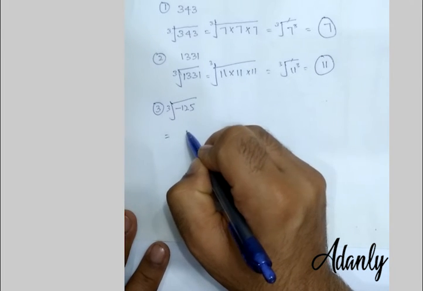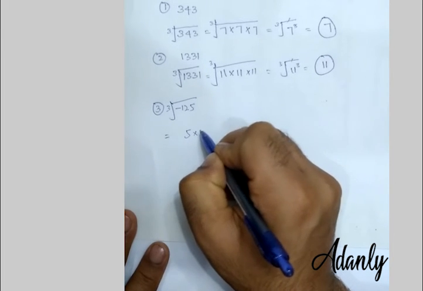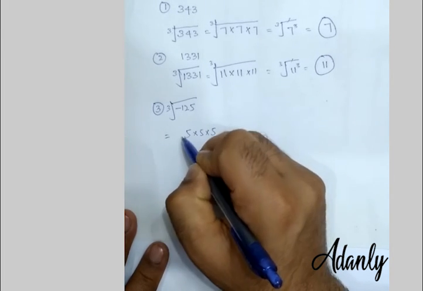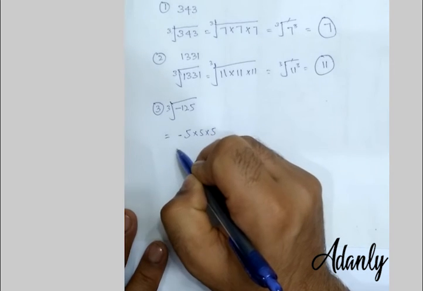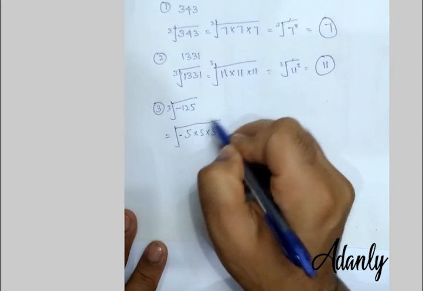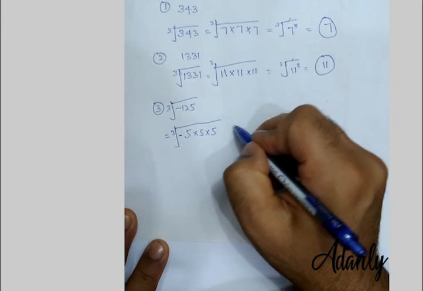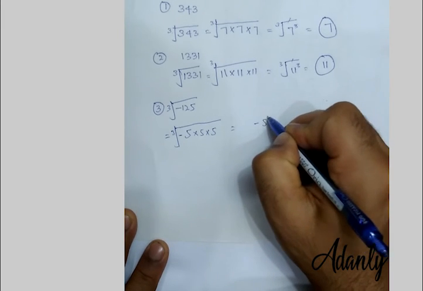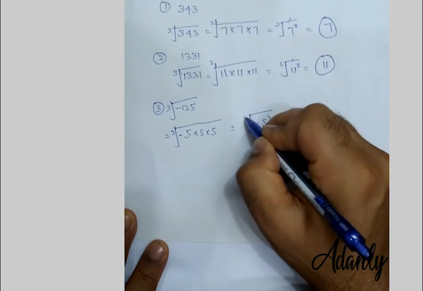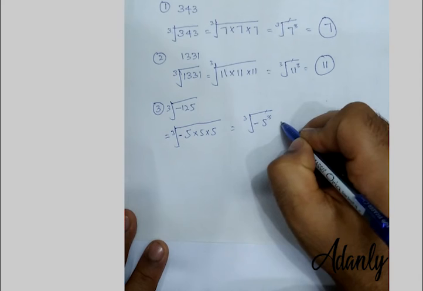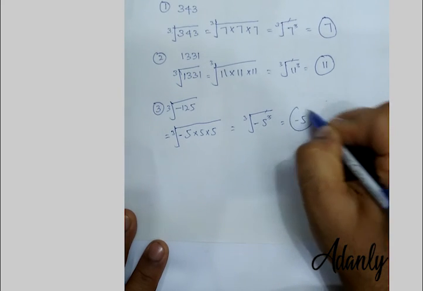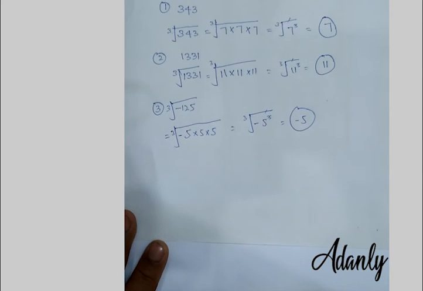So what about 5? 5 multiplied by 5 multiplied by 5. Remember there is a minus, and negative, so we will write it as minus 5 whole cube under the cube root. We will cancel this with this, which will give us minus 5, which is the required cube root of minus 125.